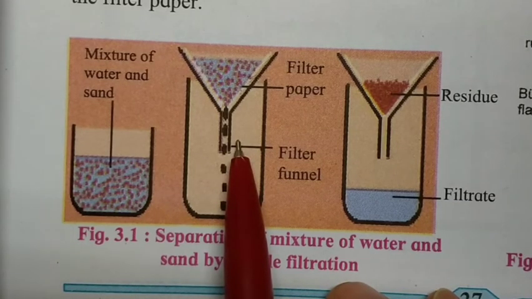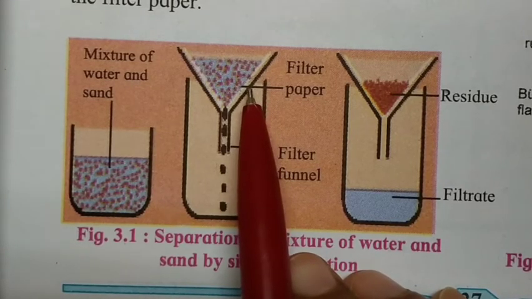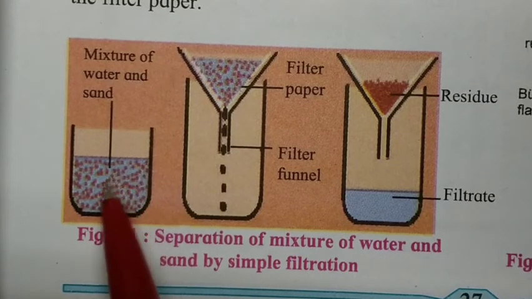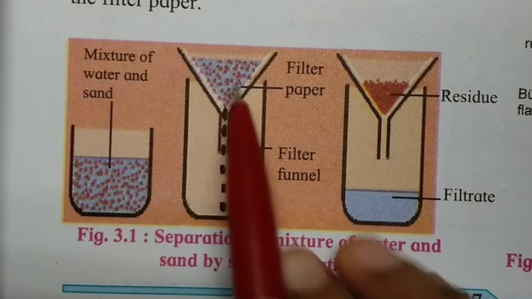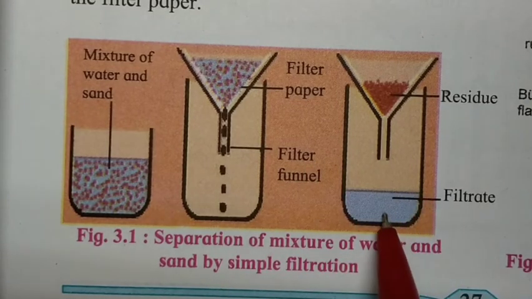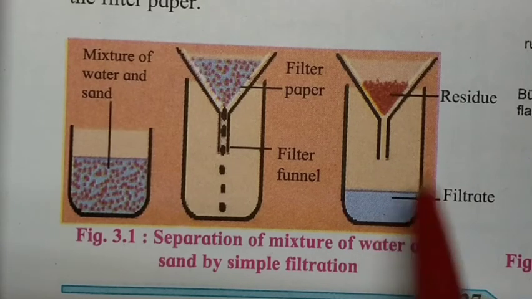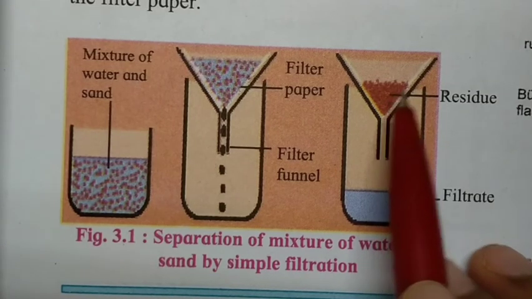Now, the paper is made moist and the solution to be filtered is poured onto the filter paper. Means this solution of water and sand, we have to pour it onto the filter paper. As the filtration starts, the filtrate goes into the beaker and the residue, the sand, is collected on the filter paper.